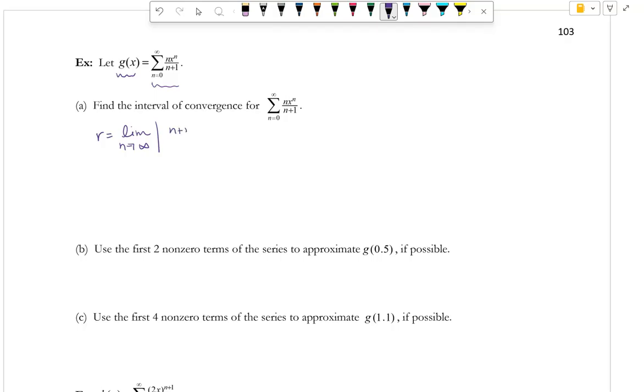So I'm going to have n plus 1 times x to the n plus 1 over n plus 1 is just n plus 2. And then again, I'm going to multiply by that reciprocal. All right, so if we simplify this down, on top we're going to have n plus 1 squared.